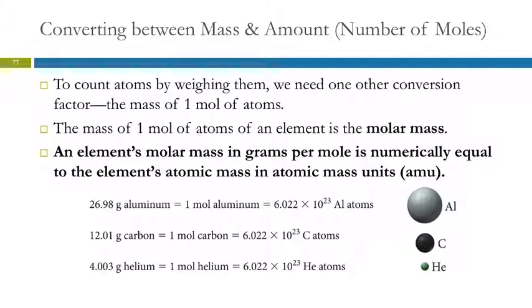It's actually simpler than those words suggest. So here we have a mole of aluminum. That's Avogadro's number of atoms, and 1 mole weighs 26.98 grams. That number is found in the periodic table. It's under the symbol for aluminum. What is the mass of 1 aluminum atom?